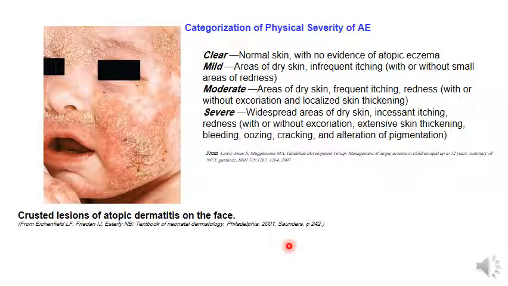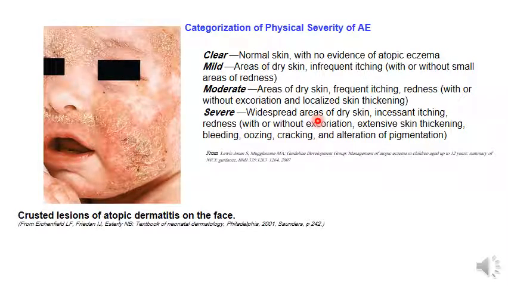There is some categorization depending on the severity of the lesion. So you may have clear skin with no evidence of atopy, mild area of dry skin, infrequent itching, plus minus small area of redness, like this area. Moderate: area of dry skin, frequent itching, redness, plus minus excoriation, and localized skin thickening.